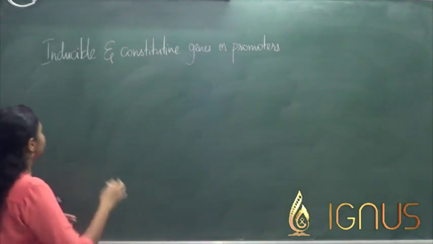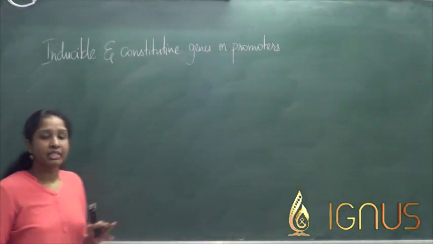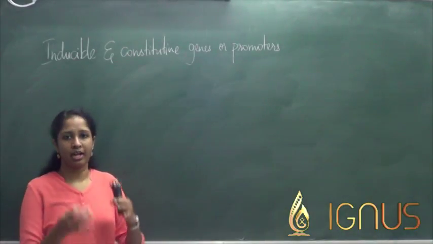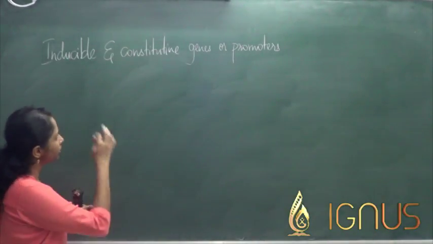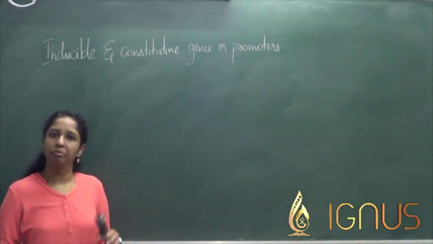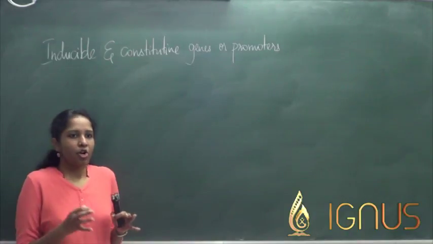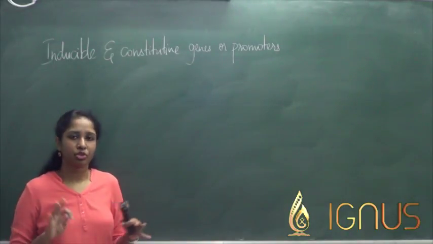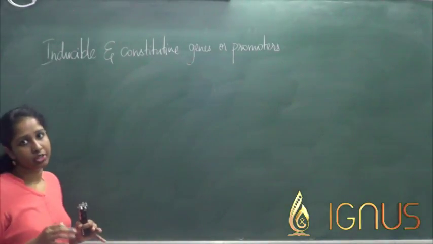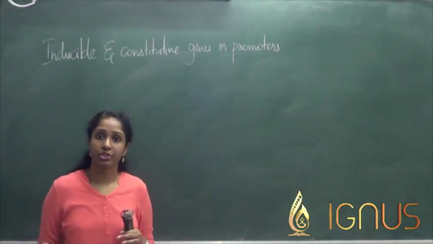So an inducible promoter is something that is controlled by something, and it can be switched on and switched off. But a constitutive promoter or a constitutive gene is something that is continuously being synthesized, and it cannot be switched on or switched off. So those are the only two differences between an inducible and a constitutive gene, or an inducible or a constitutive promoter.